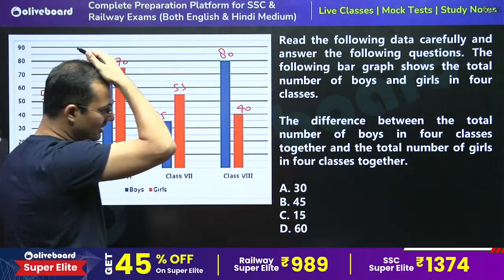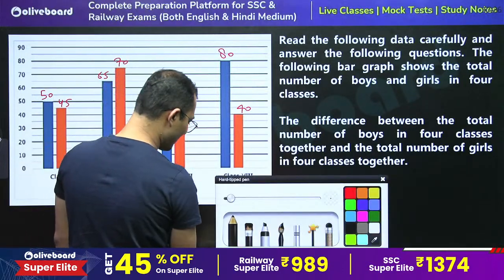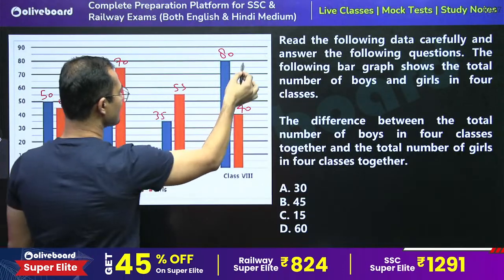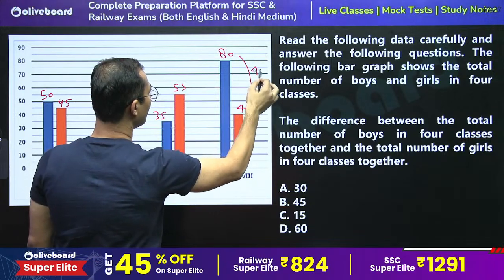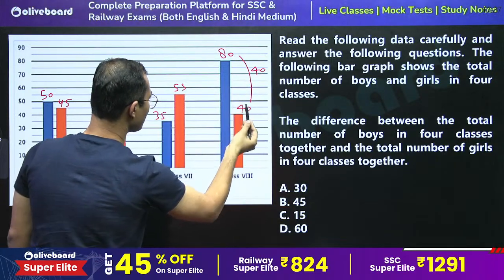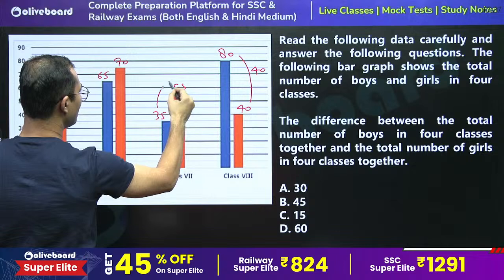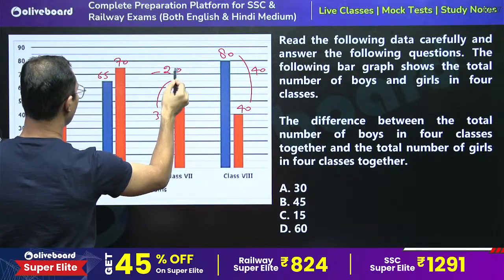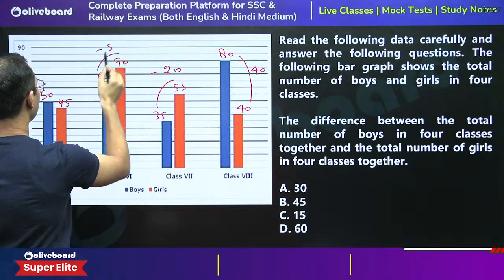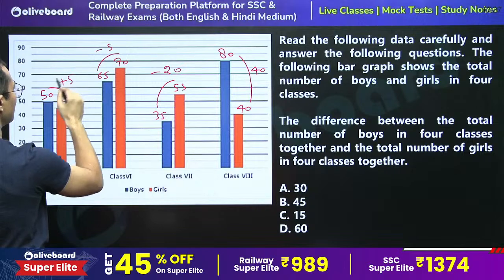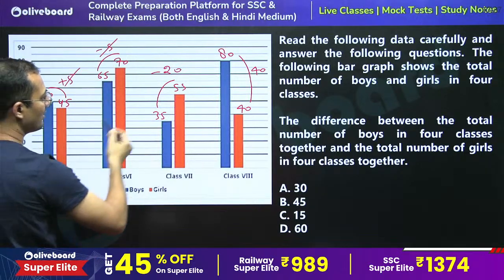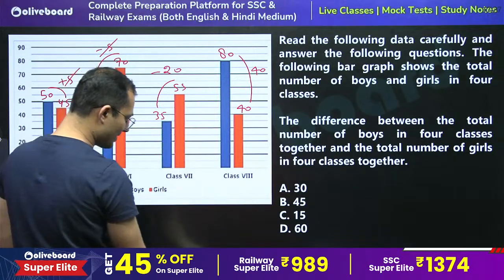We have to take the difference. Here the difference is 40, right? So we are subtracting boys minus girls, so how much? Minus 20, right? Here is minus 5 and here is plus 5, so minus 5 plus 5 cancelled. So 40 minus 20.